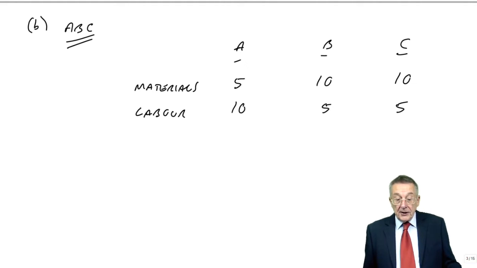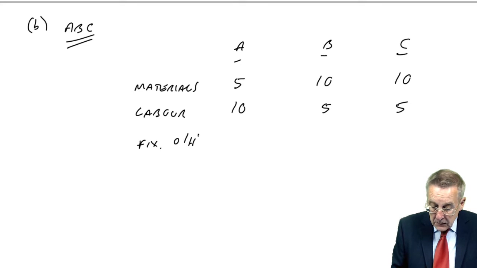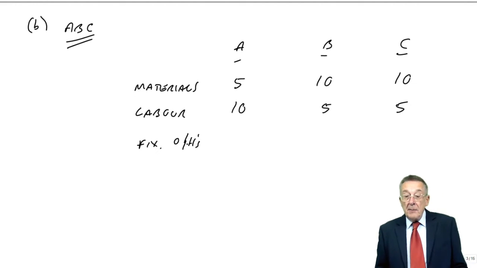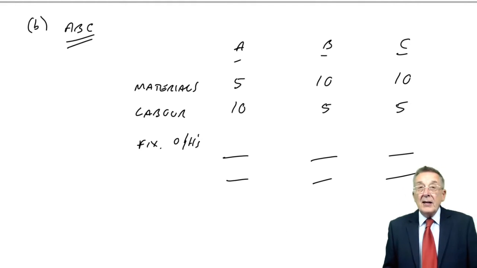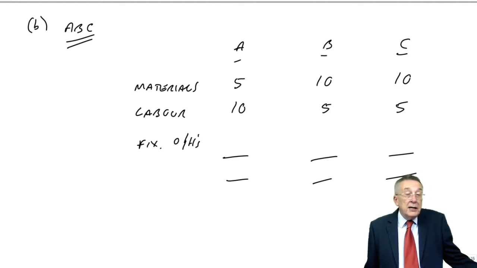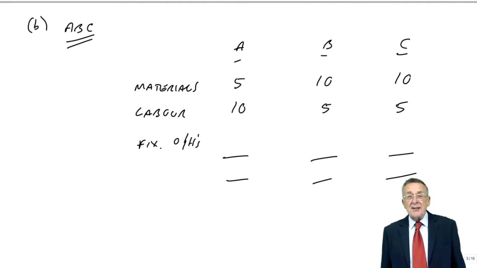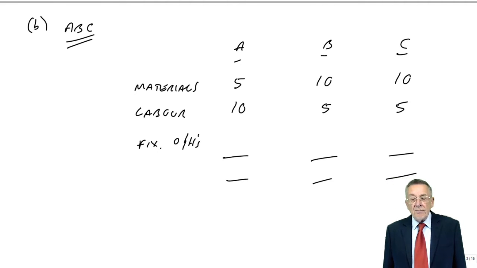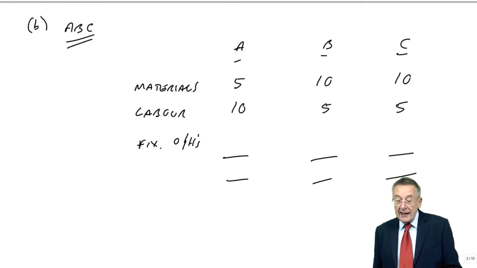We want full cost per unit, so again we're going to have to add on our overheads. But as I said a moment ago, instead of just absorbing all of them the same way, which happened here to be labour hours, we'll look at each bit of overhead separately and decide the best way of absorbing it.